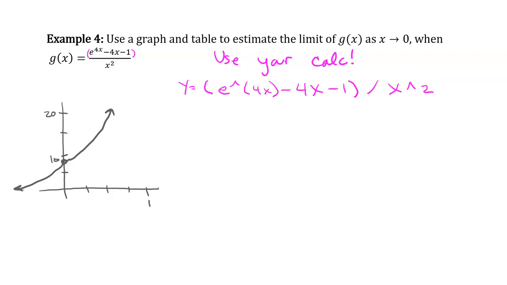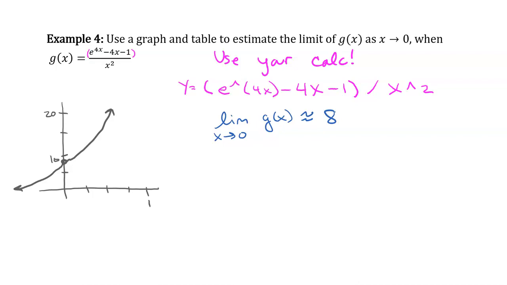Okay, so this means that the limit as x approaches 0 of our lovely function is going to be approximately, this wiggly equals sign means approximately, so that's going to be approximately 8-ish.